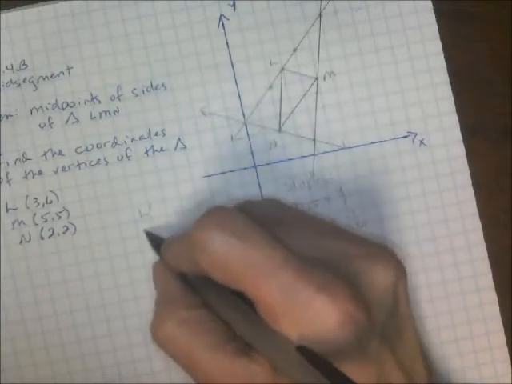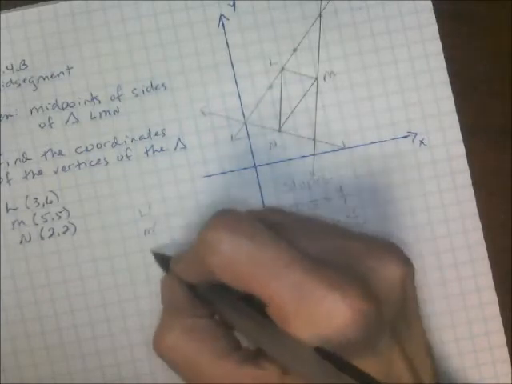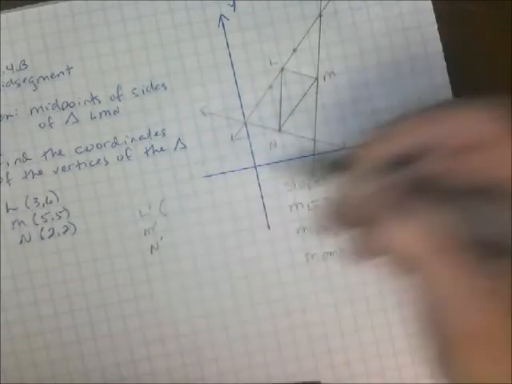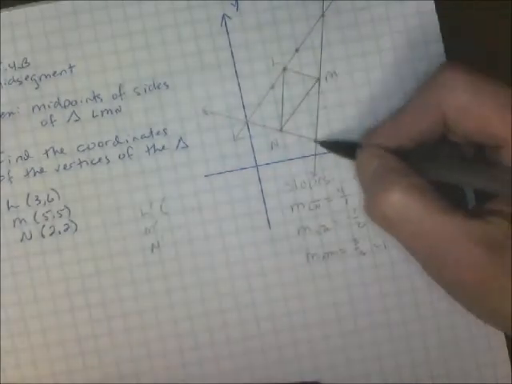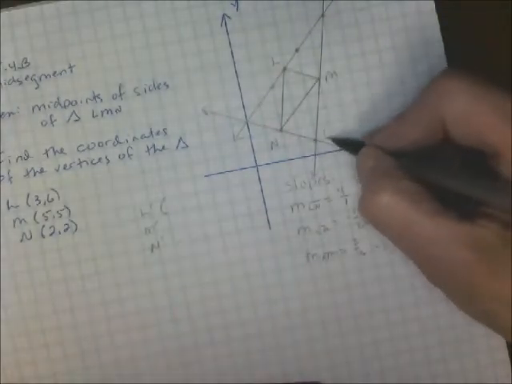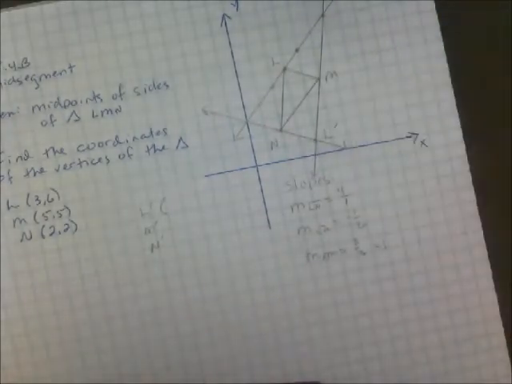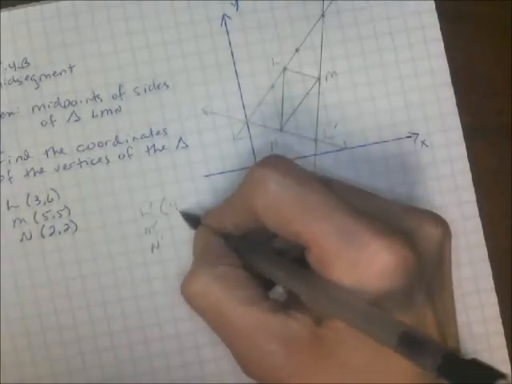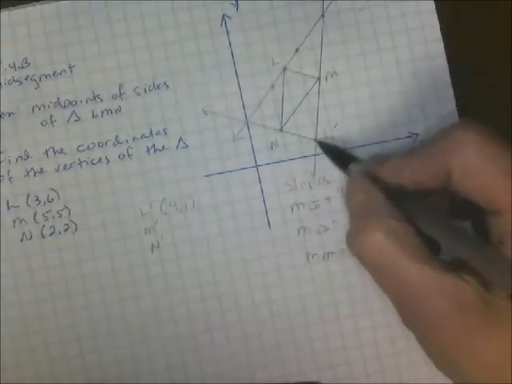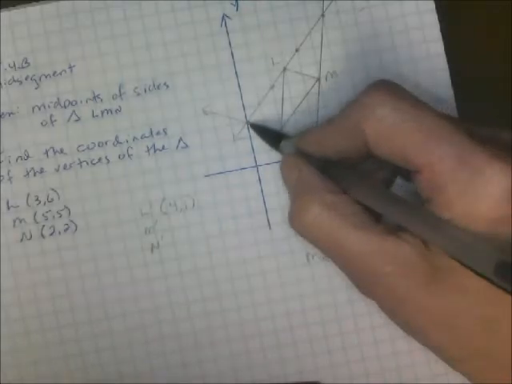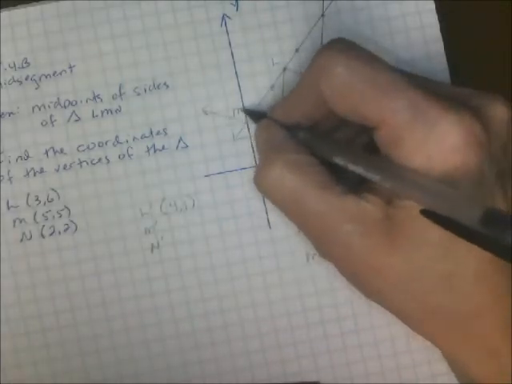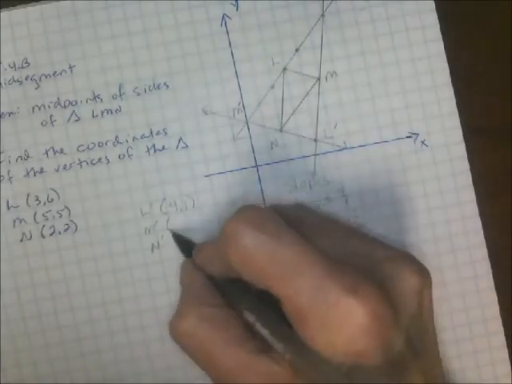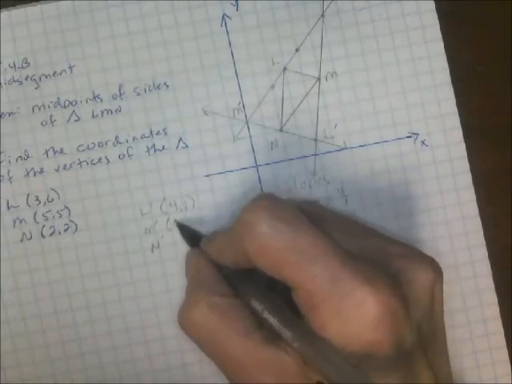So we're going to label the new vertices L prime, M prime, and N prime, and we'll go ahead and count from the origin to discover their coordinates. Remember, the midsegment theorem tells us that the midsegment of a triangle will be parallel to a side and equal to 1/2 its length.